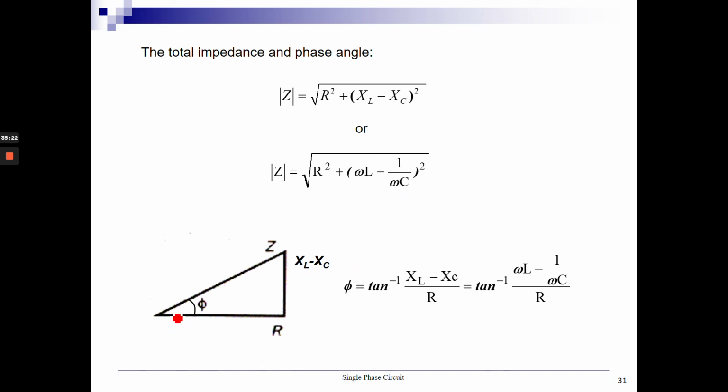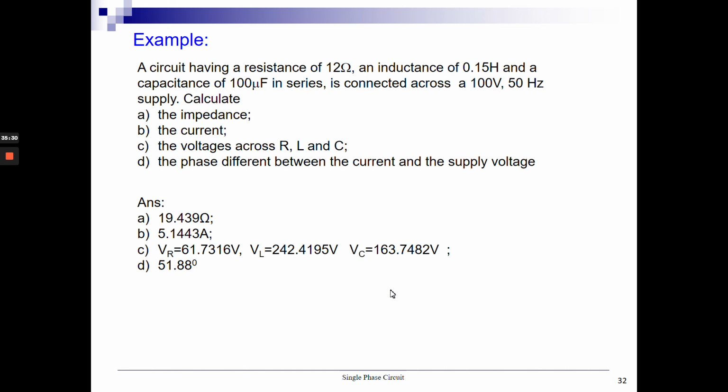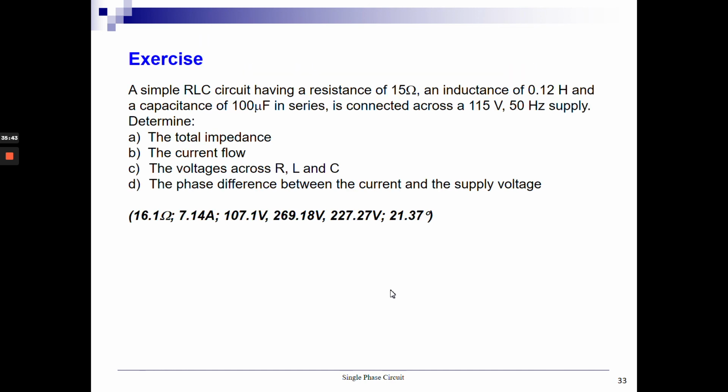So this is your impedance triangle. So from the impedance triangle, you can find your theta. Okay. So for this example also, I want you to try. So any question we can discuss in our next class.